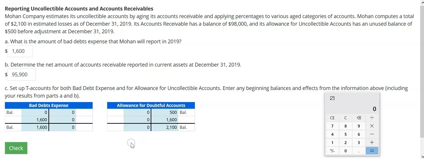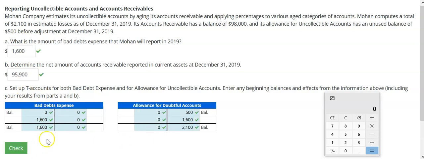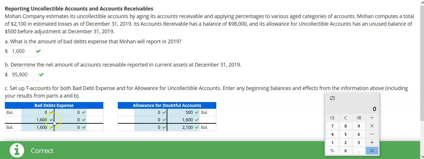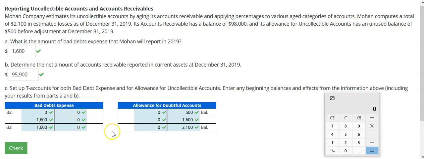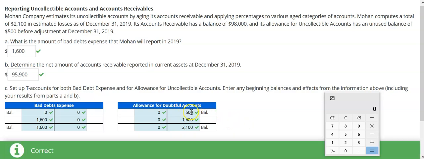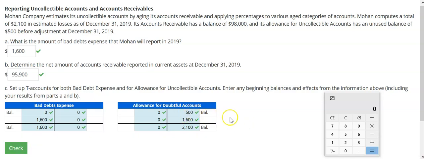So we have all of our figures in here, and we can now check our work, and we got green check marks and everything. So evidently we did actually need the zeros in there. Again, we had a $500 balance here, but our estimate was for $2,100.